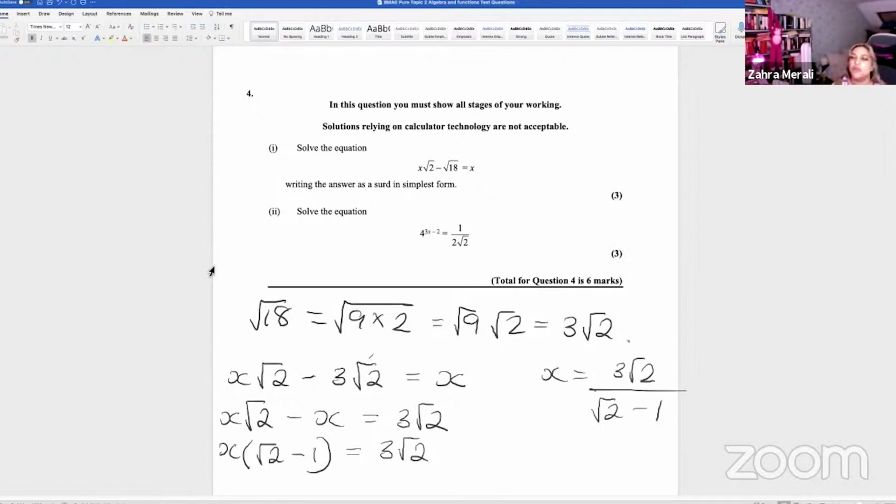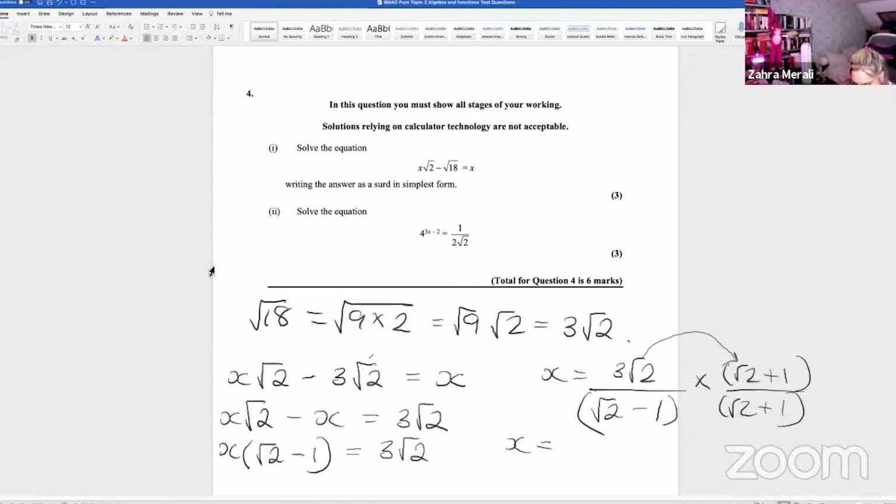And then remember, we don't want surds on the denominator. We just don't like them there. So we're going to rationalize the denominator. So we're going to multiply top and bottom by root 2 plus 1, at which point I put it in brackets so I don't get confused with the signs. And when I open that up, I get 3 root 2 times root 2, so root 2 times root 2 gives me 2.